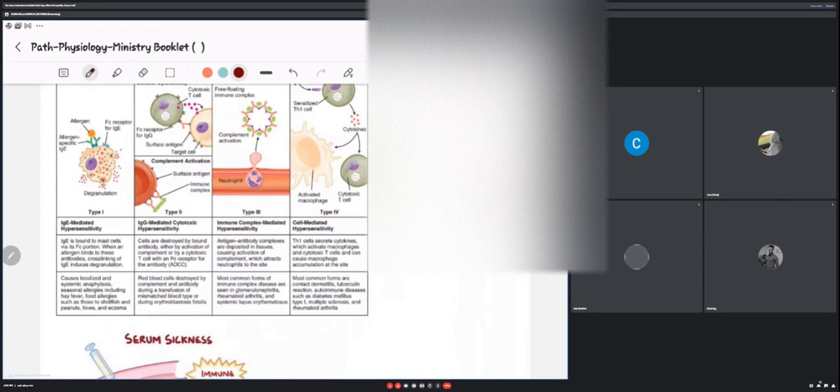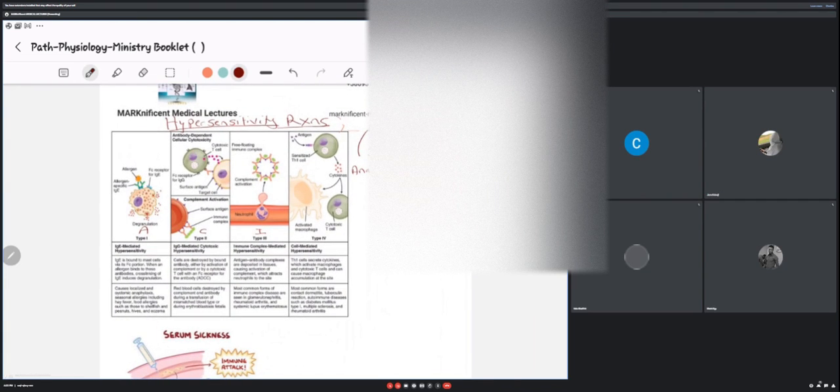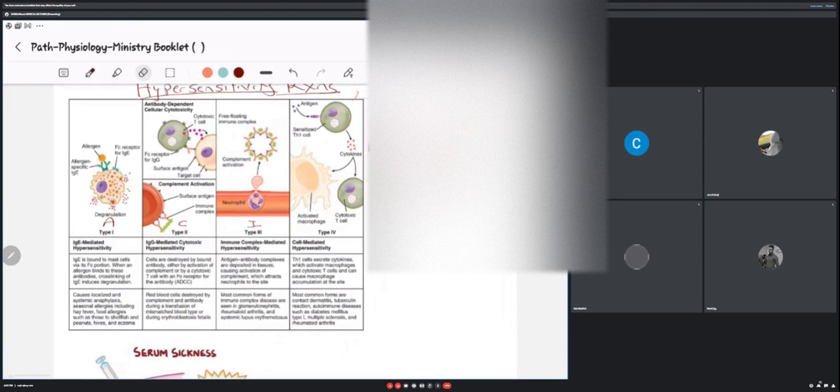So we have type 1 is anaphylactic, type 2 is cytotoxic, type 3 is immune complex. Sorry, not immunodeficiency, let me correct it here. Immune complex. And then D, type 4, is the late type.